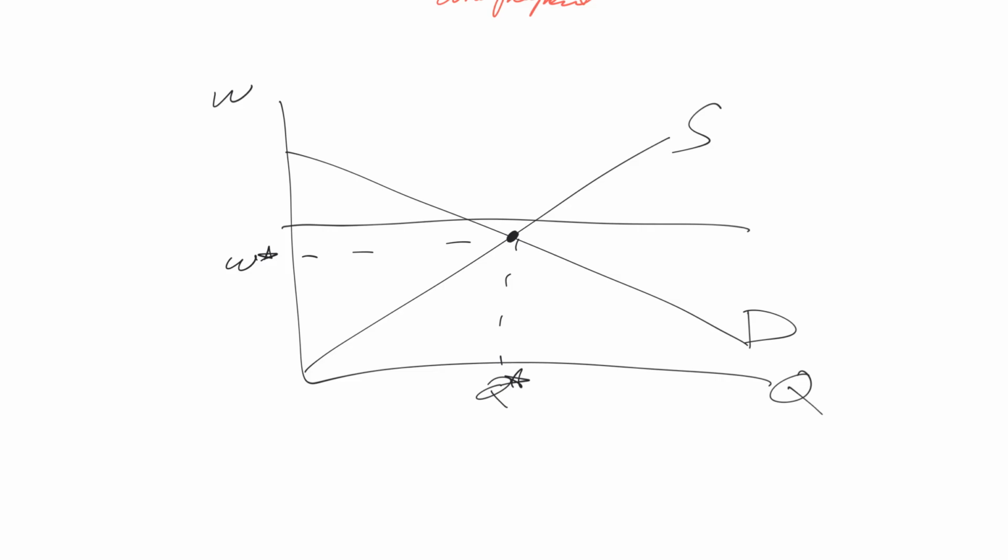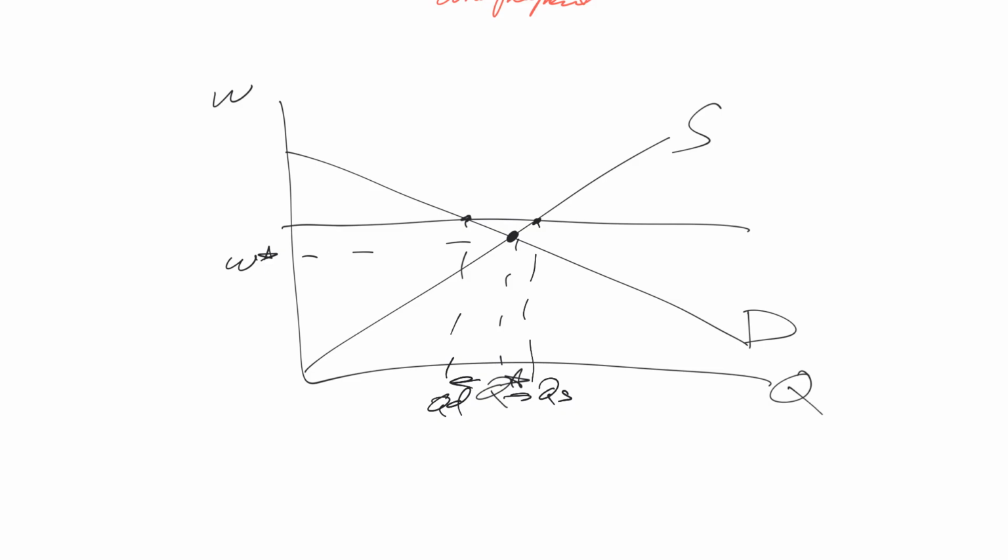So what have we got? The same thing. With the higher wage, who wants to work for that company now? Well, more people. Quantity supplied of workers rises, people who weren't in the labor force will come in, and quantity demanded may fall.